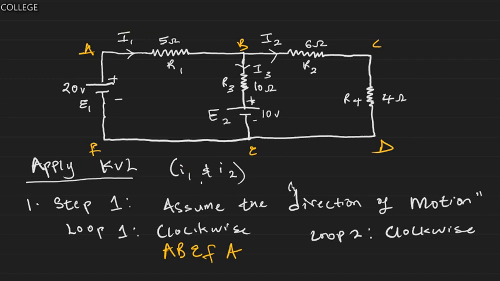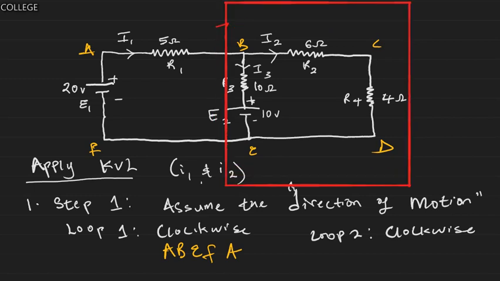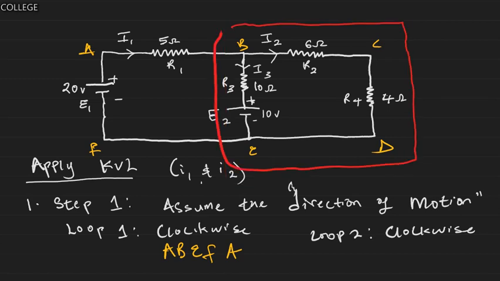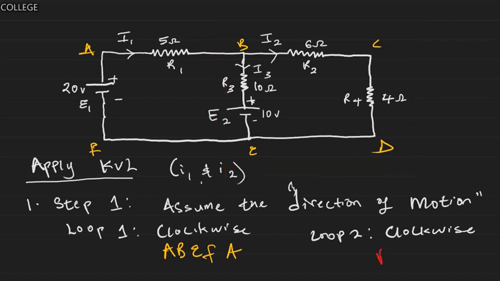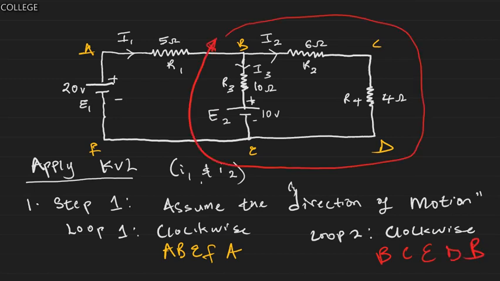Likewise for loop 2, we move from point B to C, to D, to E and back to B in a clockwise manner.